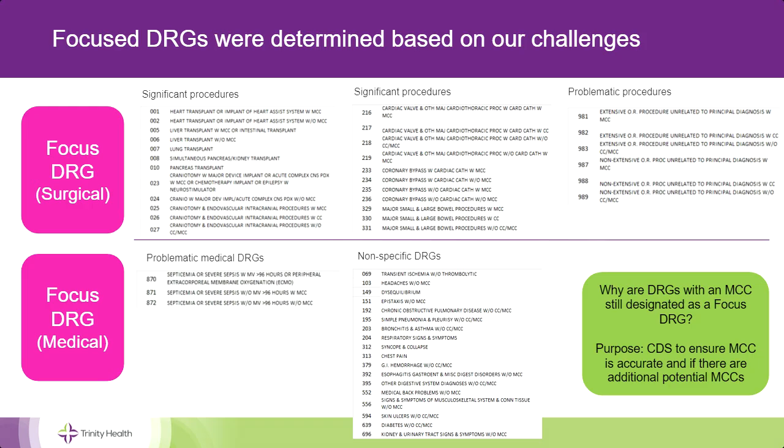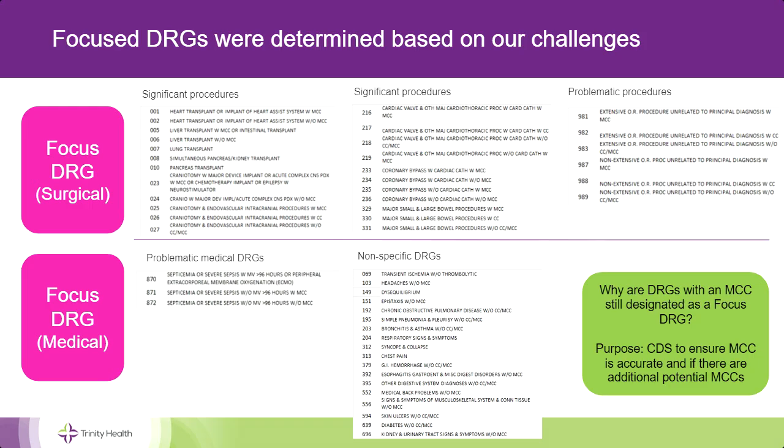And you'll see too, we've included some problematic procedures, those non-specific procedures we really need to take a look at. For our focus medical DRGs, under the problematic DRGs, you'll see our sepsis ones, which are a problem for all of us. You'll see that we have included DRGs in our focus list that are MCCs. We did that specifically because we know for some of these problematic and significant procedure DRGs, the payers, if there is only one MCC, really like to take that one away from us.